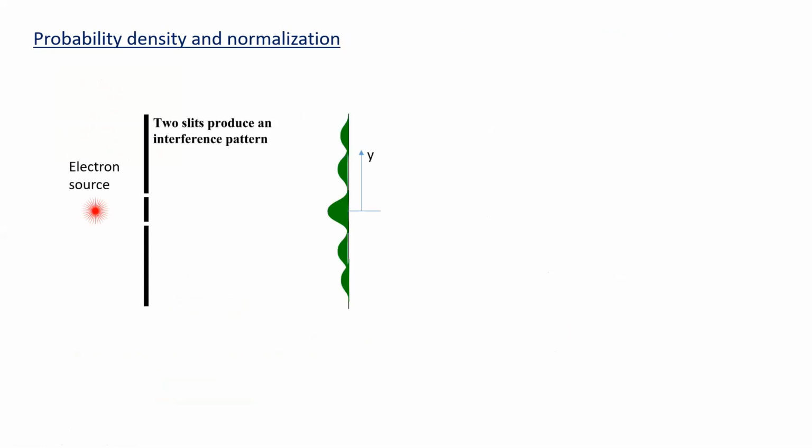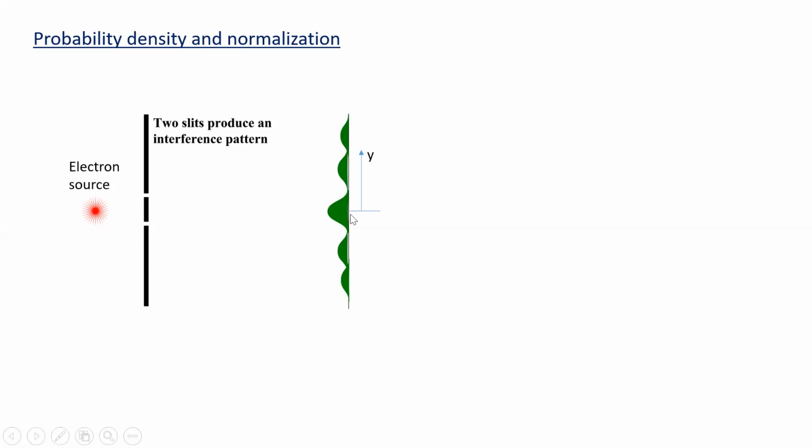Probability density and normalization. So we have this wave function psi, and this is the two-slit electron diffraction experiment, where an electron sends waves out which interfere and can go through one slit or the other.